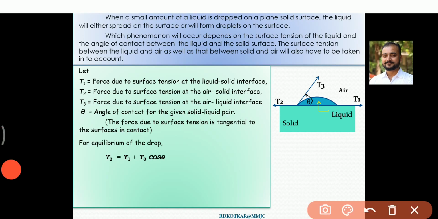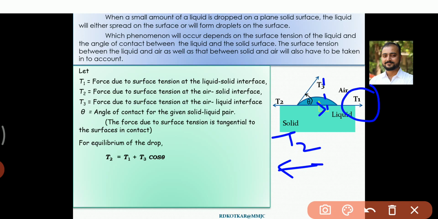How should it be? It is very simple. As you want to calculate this T1, we have to consider the projection of T3 on T1, which is another vector created here. This T2 is along this direction, T1 is directed along this direction, and another one is the projection of T3.